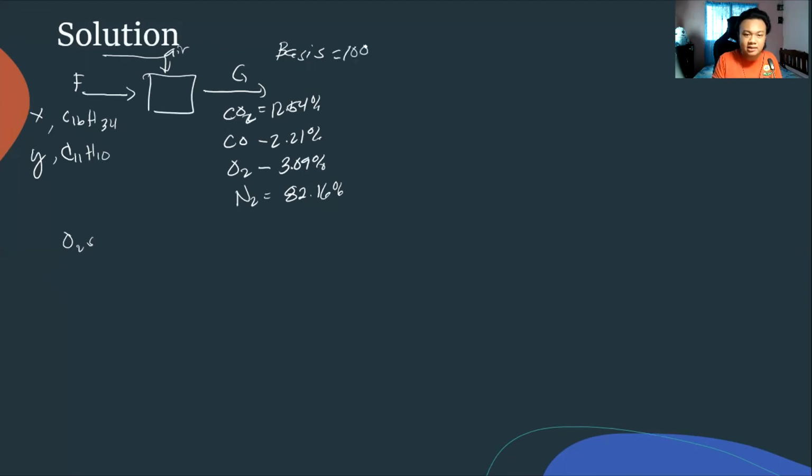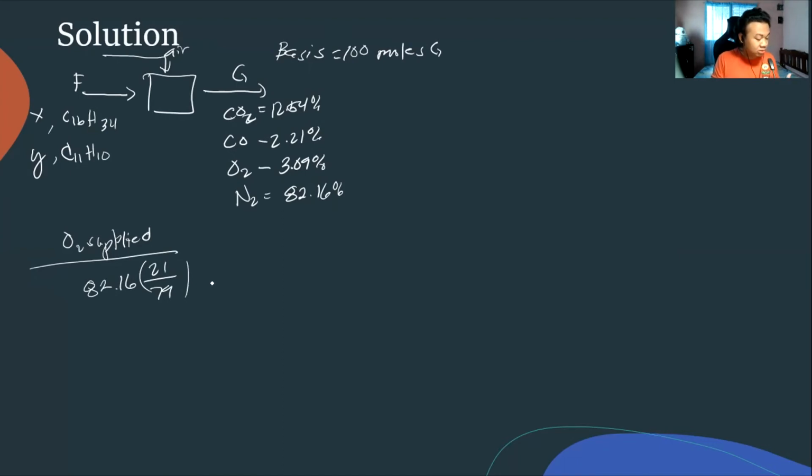Basis moles G. So O2 supplied, we have the N2, 82.6 times 21/79.